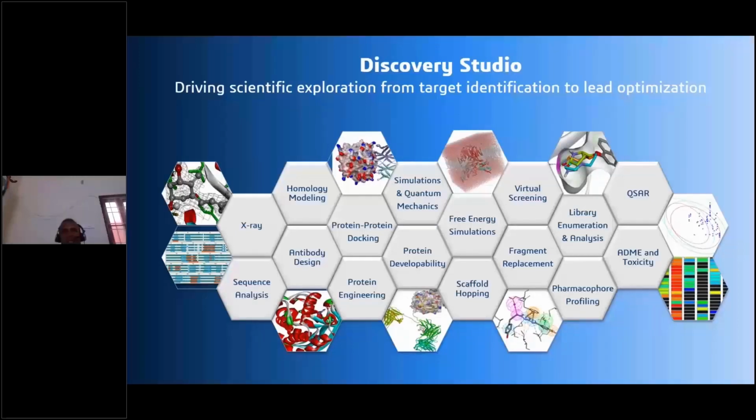The center one is for both small molecules as well as the macromolecule of the protein target: simulation, protein developability, free energy simulation, scaffold hopping, virtual screening, fragment replacement, all of that. And the one on the right hand side is applicable to only small molecules, basically ADME, toxicity, QSAR, library enumeration, and so on. I will go through these details one by one.